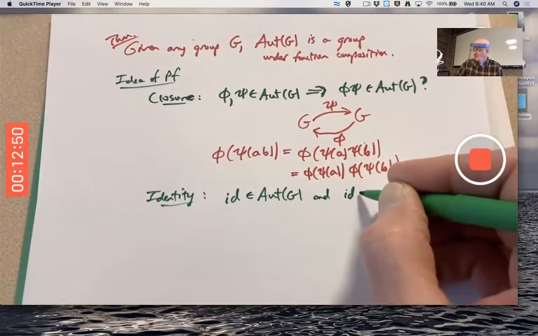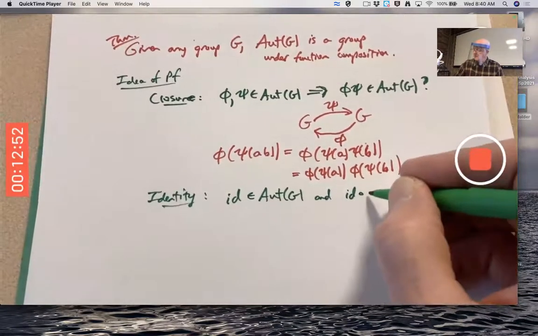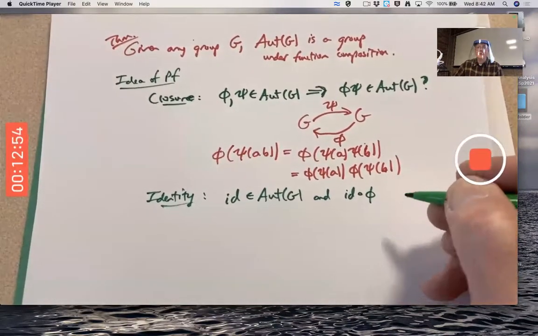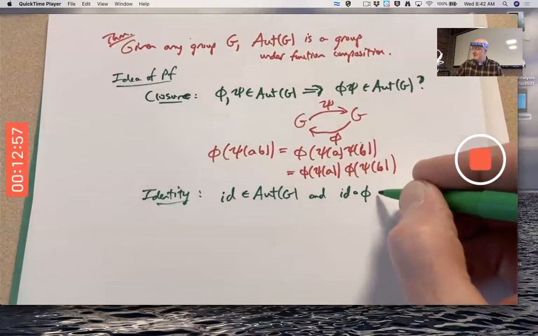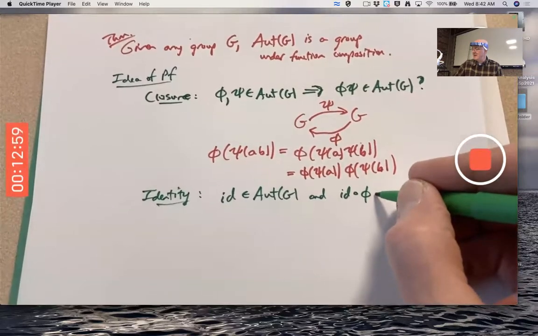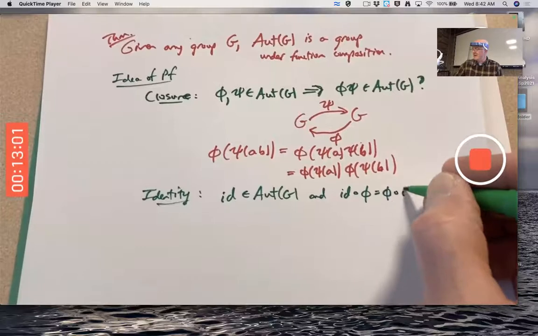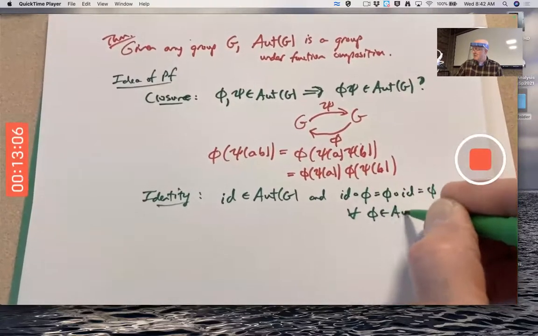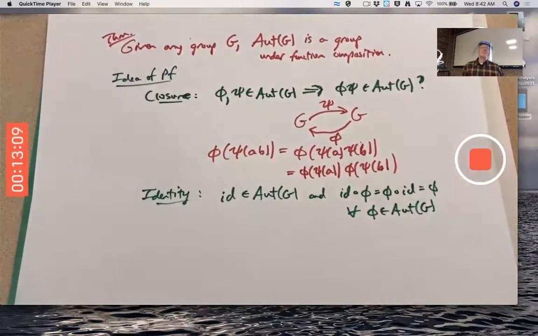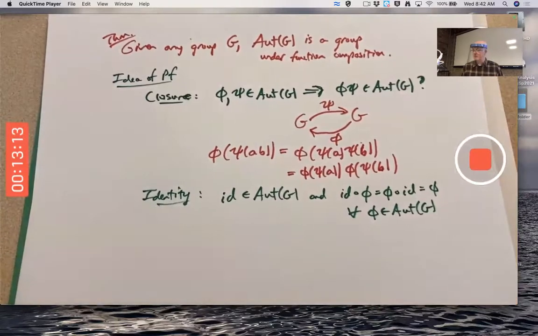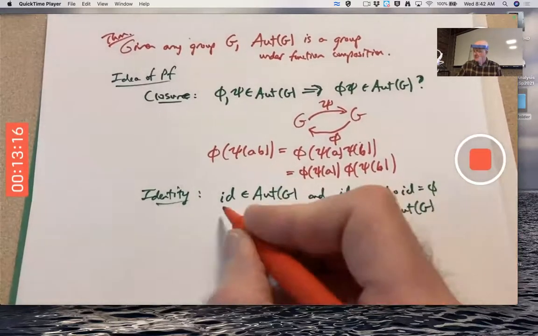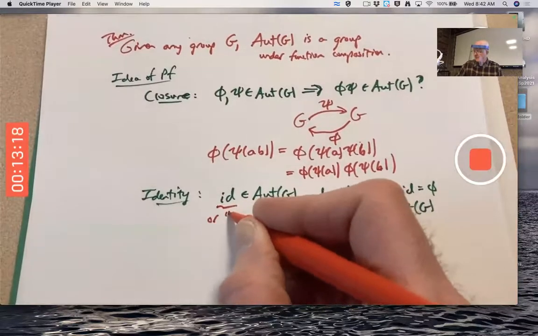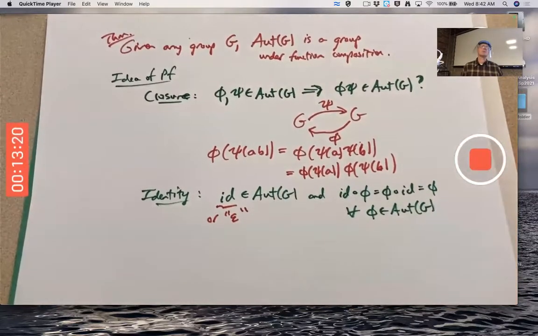I'll use the circle notation for function composition here because otherwise it looks a little weird. ID composed with phi equals phi composed with ID equals phi for all automorphisms. If we're going to be more consistent with the book, maybe we call this epsilon instead. It's more typically what the book calls the identity mapping.